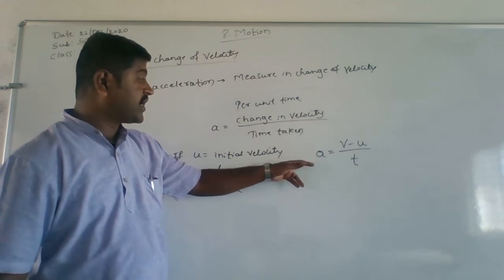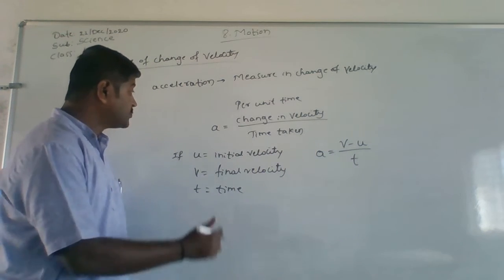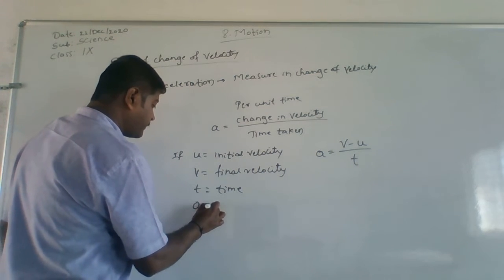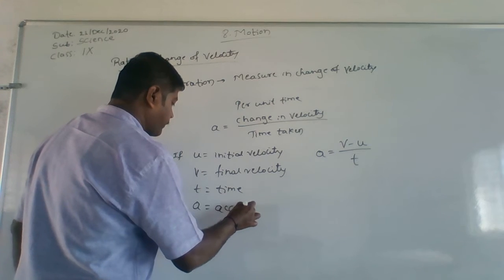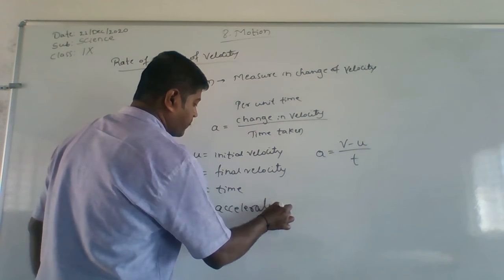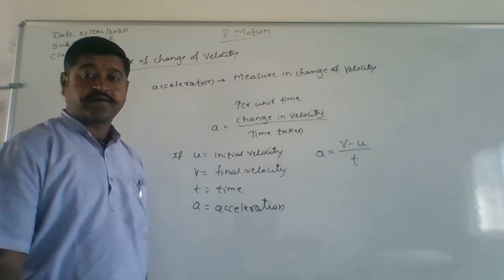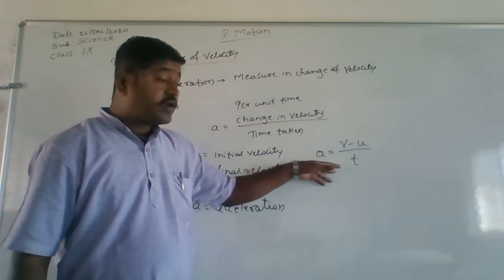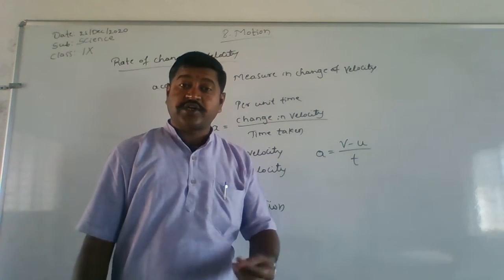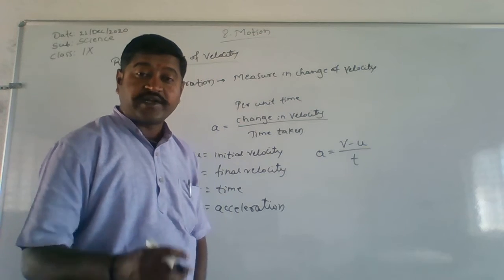So that is known as acceleration, right? So a is acceleration. Is this clear? Okay. Now the SI unit has to be written. What is the SI unit of speed?